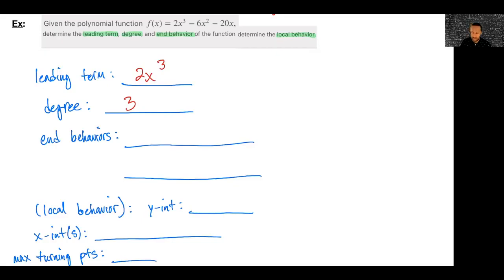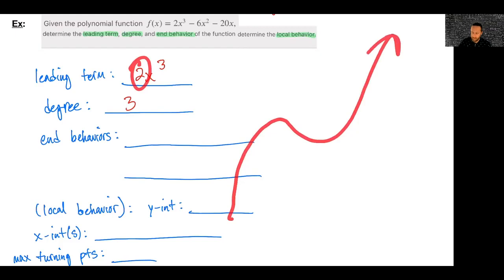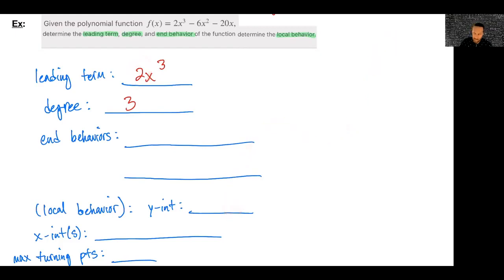From left to right, because I know it's a positive, it's going to start negative and then go up positively. Which means as my x approaches the far left, what does my y do? And then as my x approaches the far right, and you don't need to put the positive, it's just for emphasis, what does my y do?